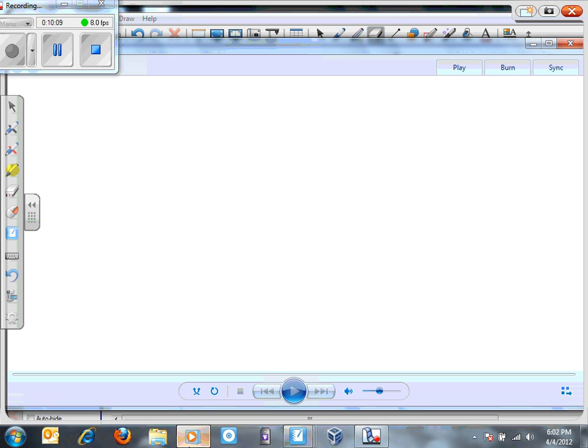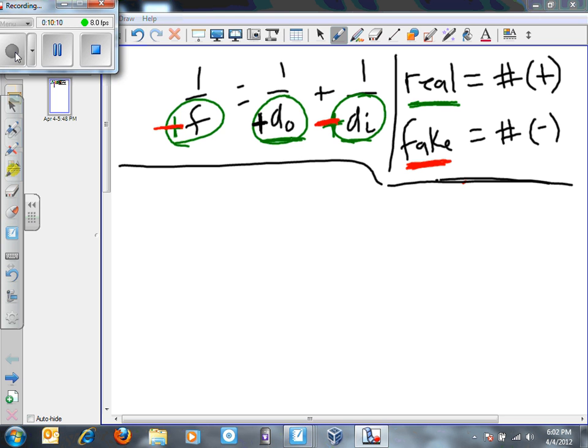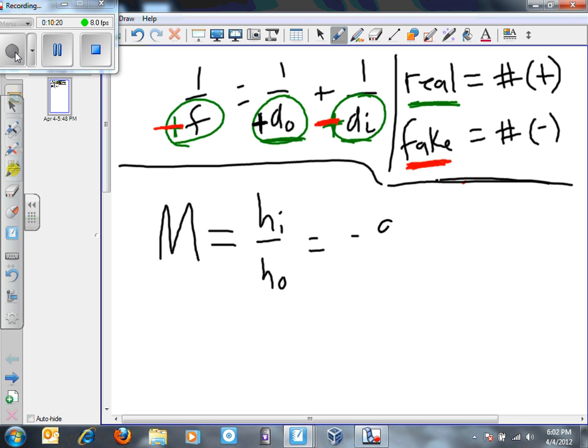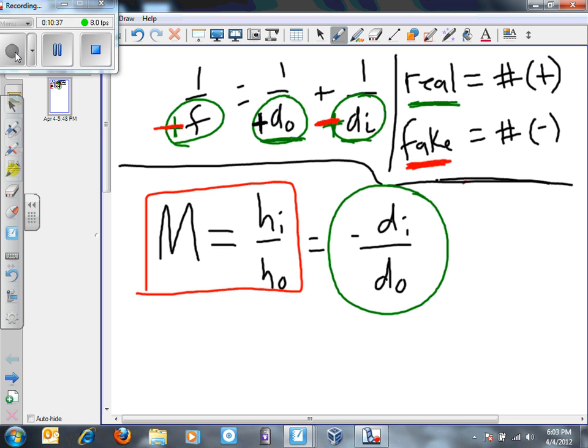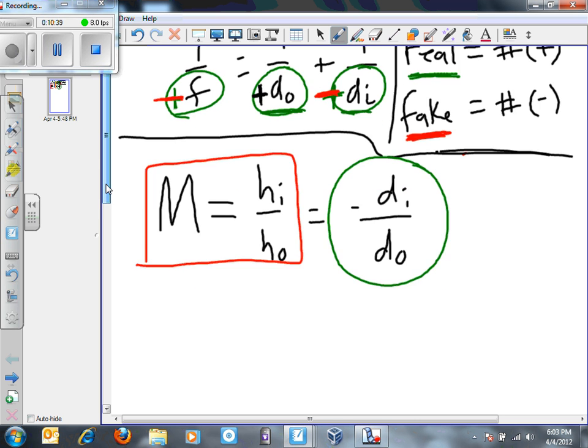I'm going to tell you about our magnification equals h_i over h_o equals negative d_i over d_o. Okay. So the real is positive, fake is negative, sign convention still goes for this part. But this part is different. Okay? And so I'll tell you about this one.